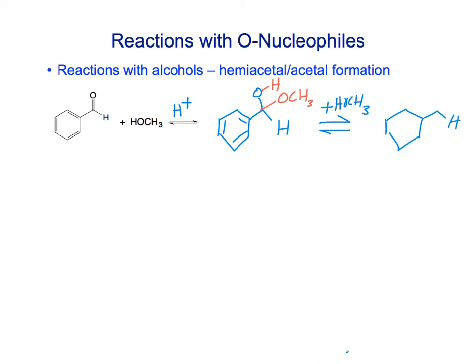And so then, I guess we can just draw both of these. OCH3, we get another OCH3 over here. Like this, and we've lost a water molecule. Okay? The product here with two OCH3s is called an acetal.